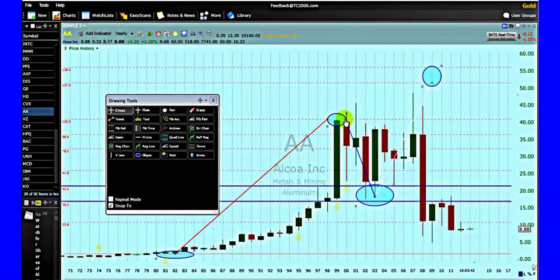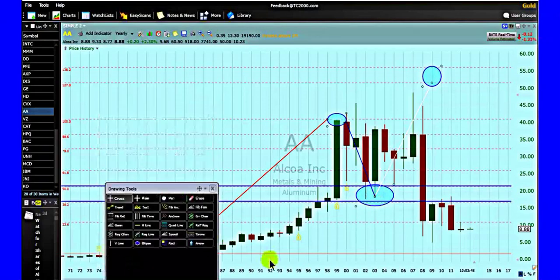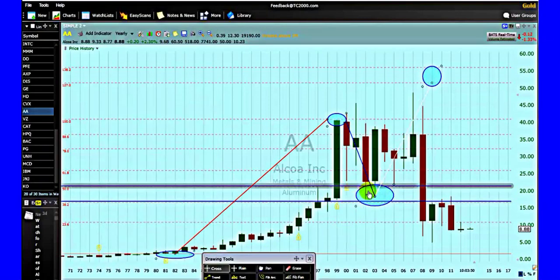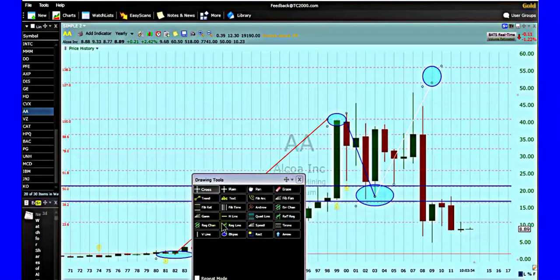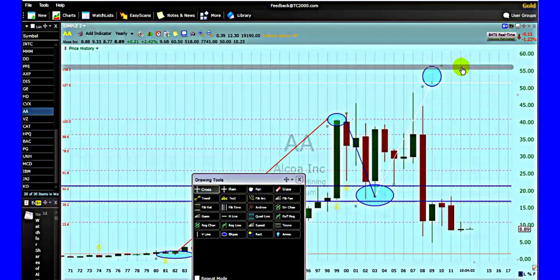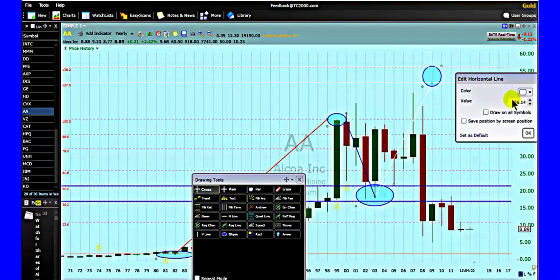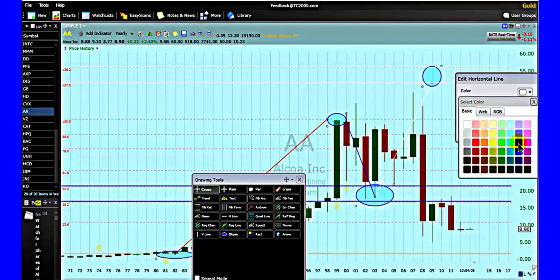Because the A retraces to the 50 and 61.8% Fibonacci retracement zone, the Fibonacci extension that we will highlight will be the 127% Fibonacci extension level, which is the first line here, and also the 138% Fibonacci extension zone, which I'm going to color also into blue.